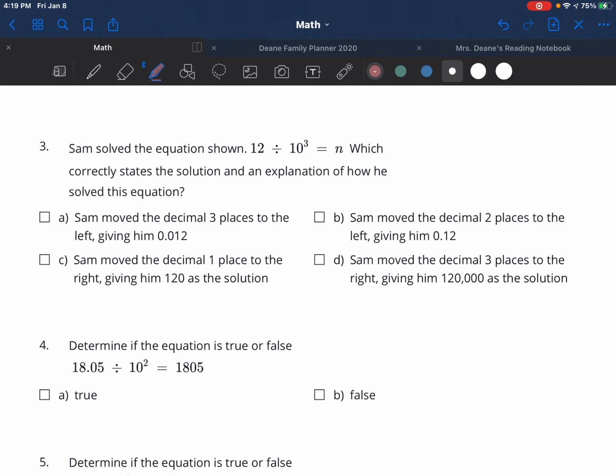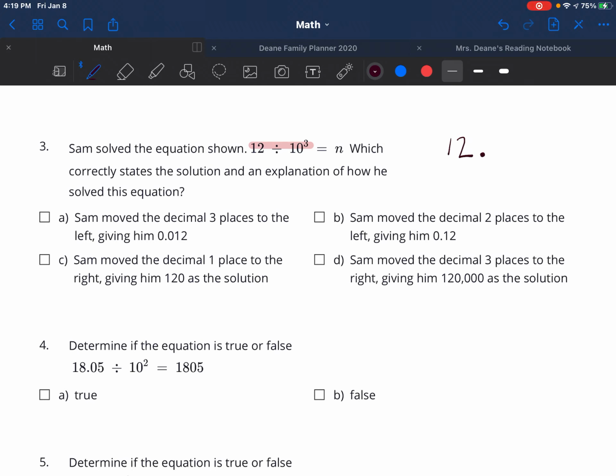It says, Sam solved the equation shown. 12 divided by 10 to the 3rd power equals n, which correctly states the solution and an explanation of how he solved this equation. Well, for me, I would go ahead and solve it first so I actually knew what it was. So if I'm dividing by a power of 10, I know I'm moving my decimal to the left.